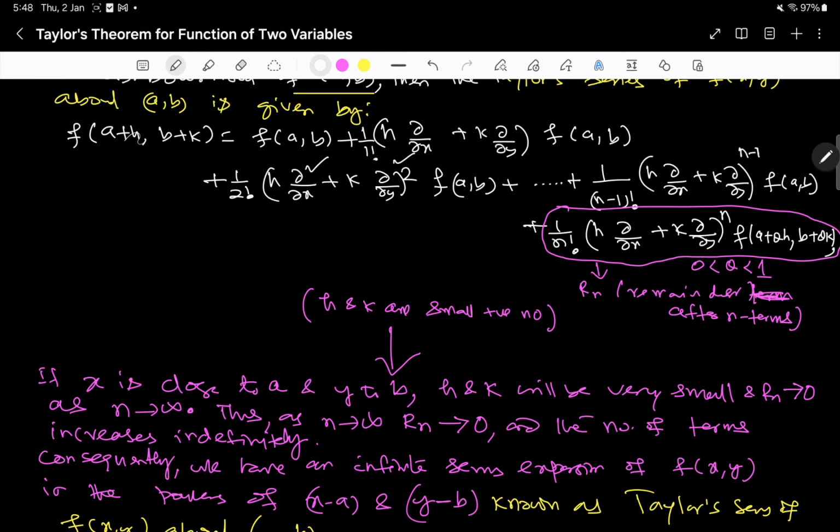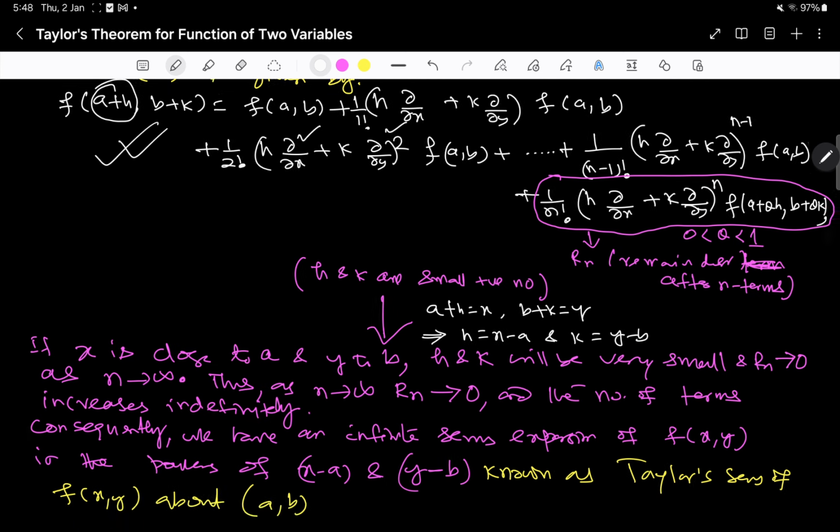Also we are substituting a plus h as x and b plus k as y. So this implies h is equal to x minus a and k is equal to y minus b. So you substitute all these things over here.